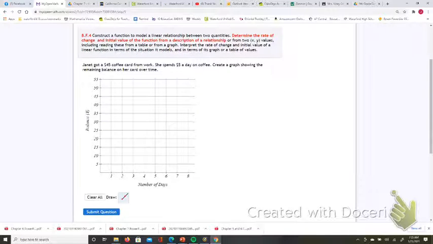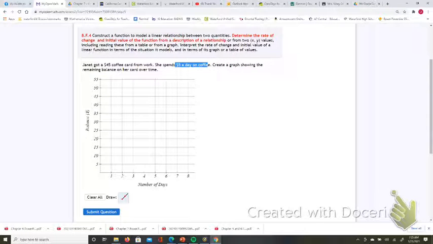Janet got a $45 coffee card from work. She spends $5 a day on coffee. Create a graph showing the remaining balance on her card over time. Okay, so if we look at the question, the card that she got had $45 on it. So that is our starting amount. We're going to start our graph at 45. Okay, then it says she spends $5 a day on coffee.